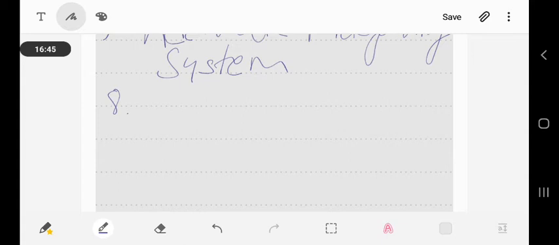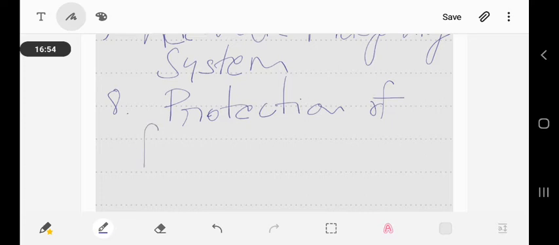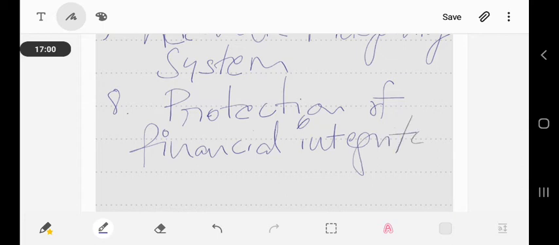That is protection of financial integrity. The rules establishing the priorities by which orders may be executed should be clearly laid down.